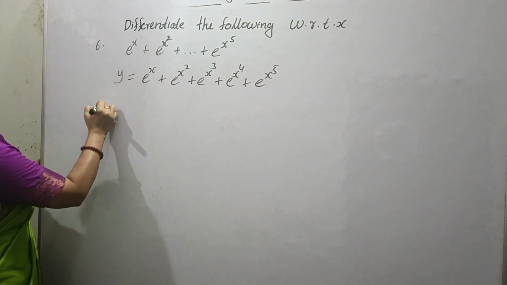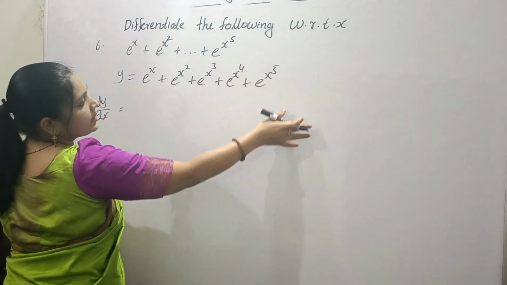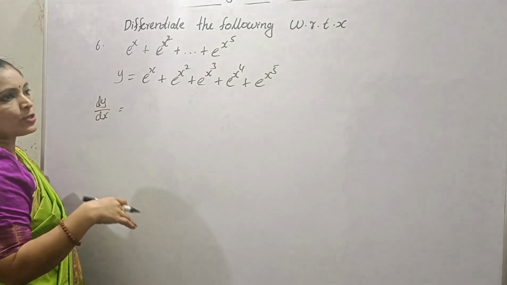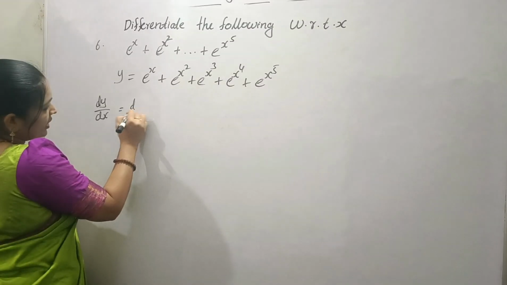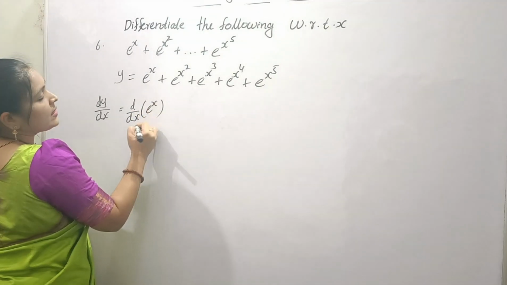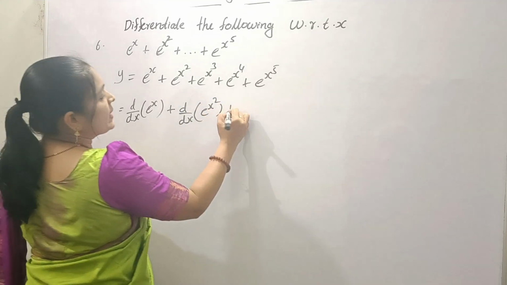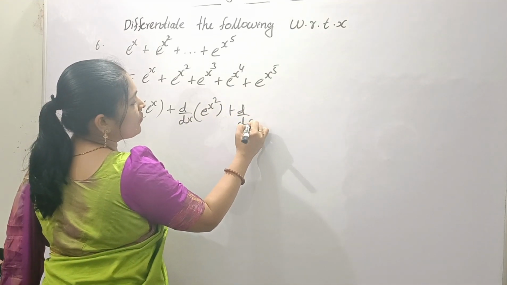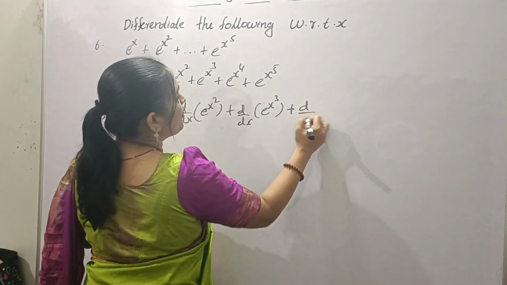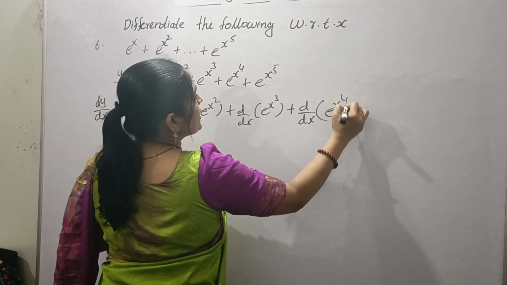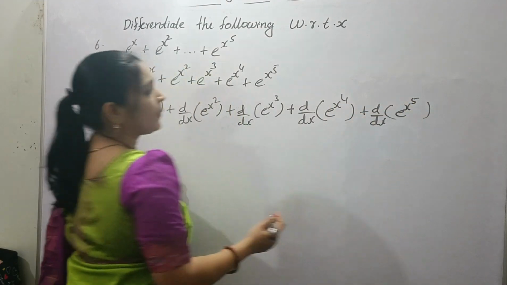So let's differentiate. dy by dx is equal to dy by dx of all these terms, that is d by dx of f of x plus g of x is d by dx of f of x plus d by dx of g of x, right? So d by dx of e raised to x plus d by dx of e raised to x square plus d by dx of e raised to x cube plus d by dx of e raised to x raised to 4 plus d by dx of e raised to x raised to 5.